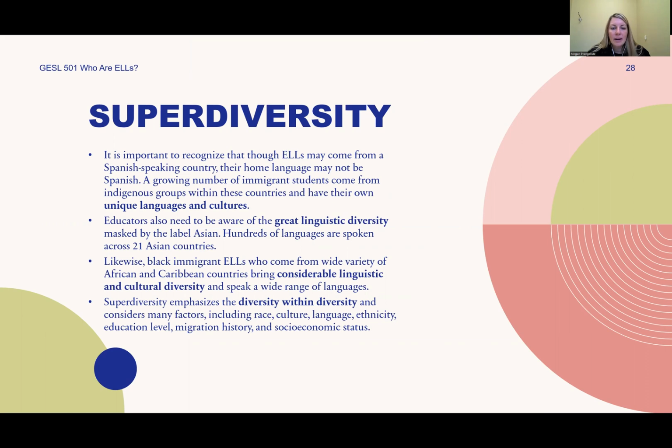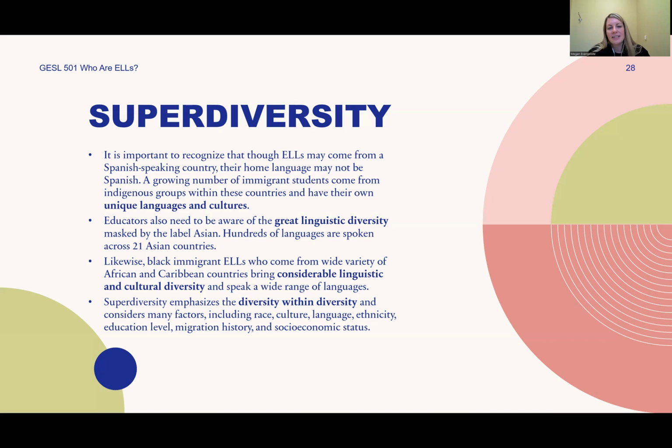So we need to be aware of the great linguistic diversity that is masked by the label Asian. So students come from 21 different Asian countries, and there are hundreds of languages spoken. In the same way, Black immigrant students who come from Africa and the Caribbean also have a great diversity of linguistic and cultural backgrounds.